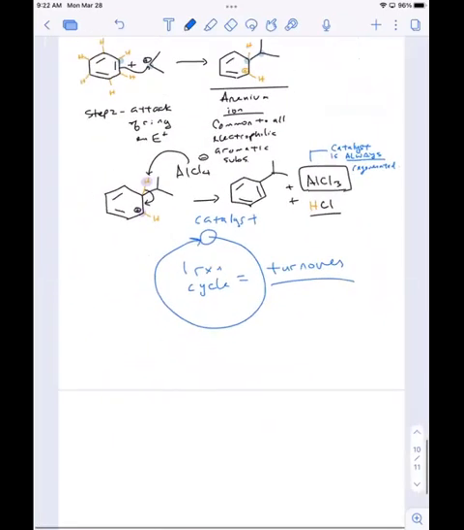So anytime once you regenerate that catalyst, that's one turnover. And then it can go back and do the reaction again. That's another turnover. And I said on Friday, and I'll repeat it here because it bears repeating. Some catalysts can give you 1,000,000 turnovers. Some can give you 1,000. Some might only give you 100. It just depends on the nature of the reaction and the ability of the catalyst to facilitate that reaction.